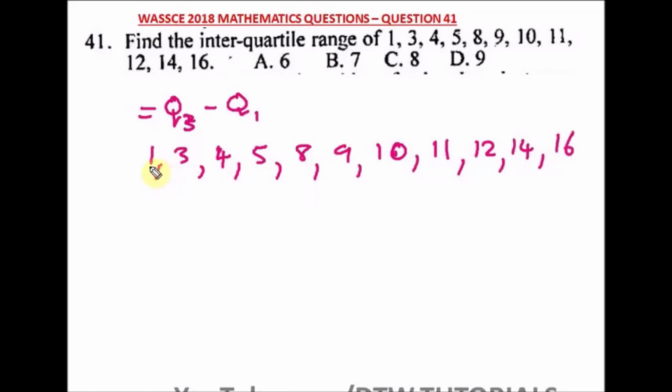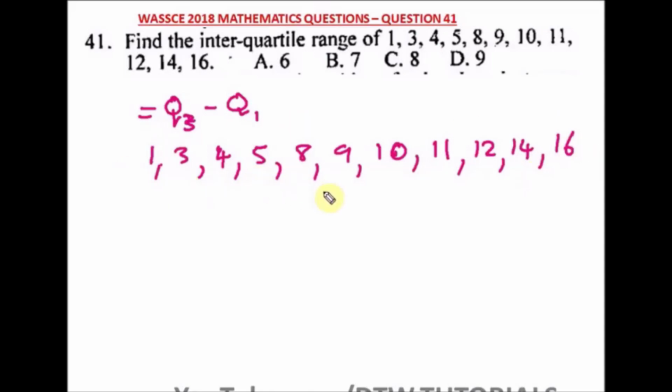How many numbers are these? Is this an even or odd set of numbers? We have 1, 2, 3, 4, 5, 6, 7, 8, 9, 10, 11. So this is an odd set of numbers.